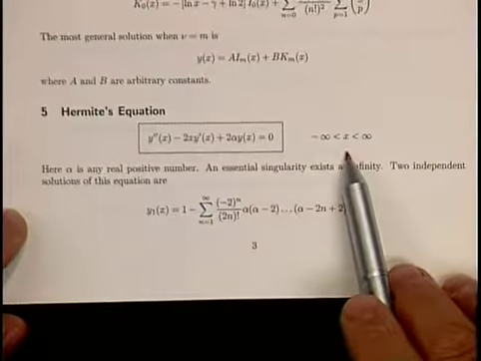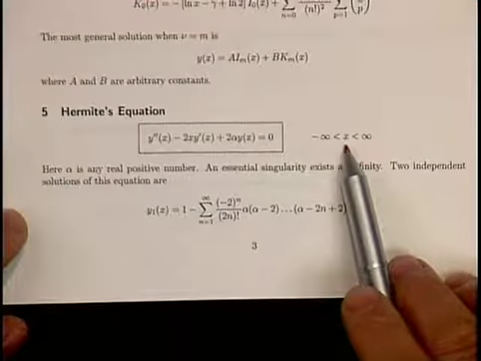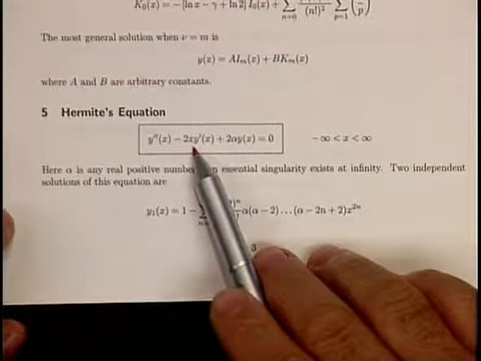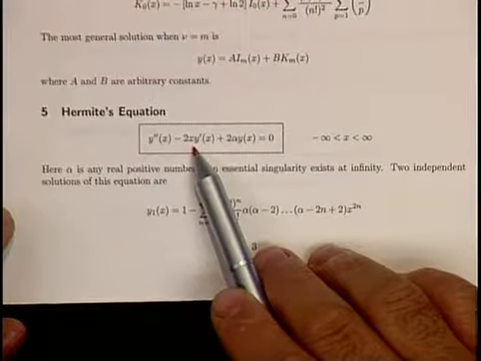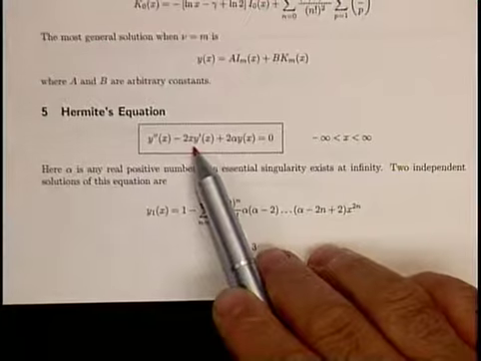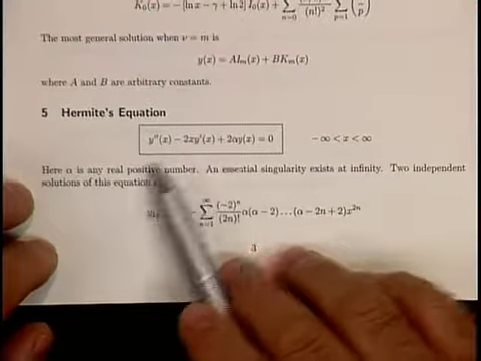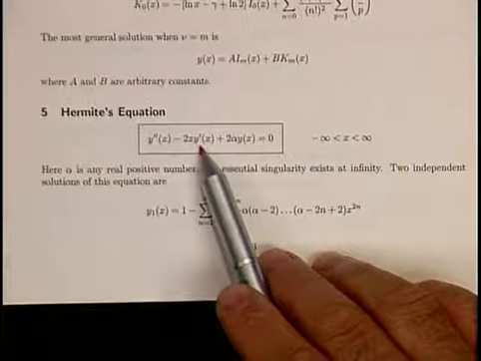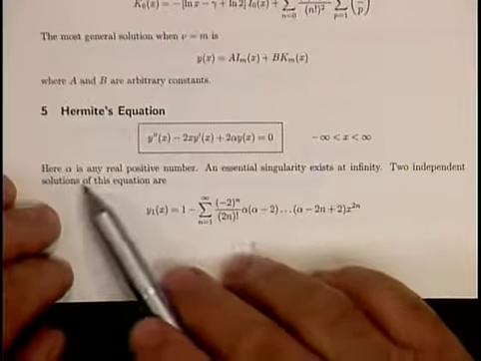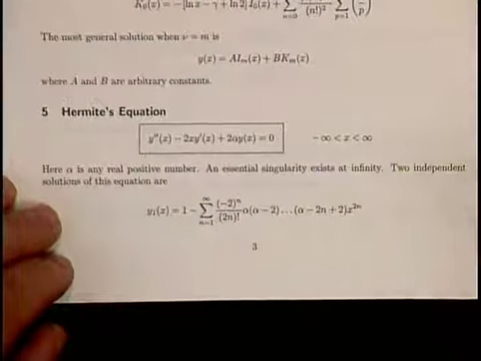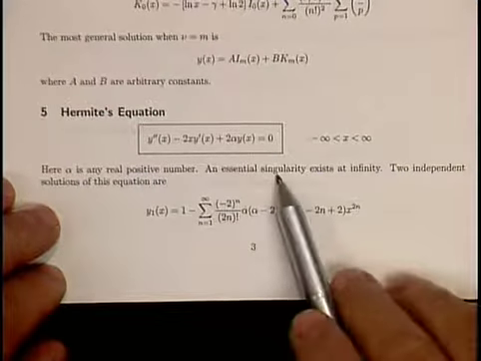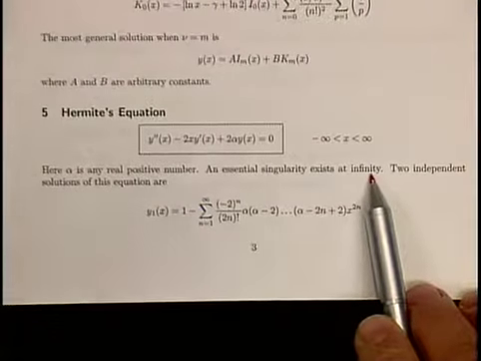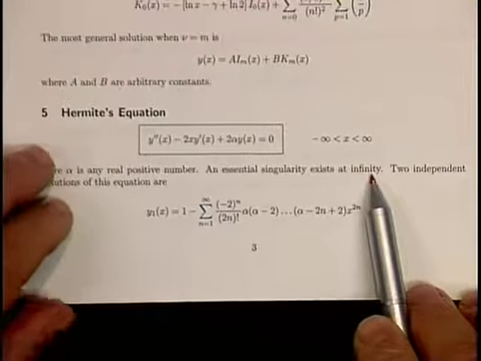The domain of this equation is usually between x equal to negative infinity and plus infinity, because there is no obvious singularity here at any value except infinity and negative infinity, because you do not have anything in the denominator in the p of x and q of x. Here alpha is just any real positive number, and an essential singularity exists at infinity. We do not have any well-known singularity at finite values of x.